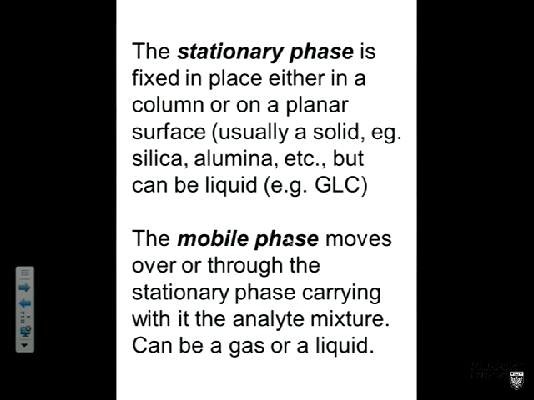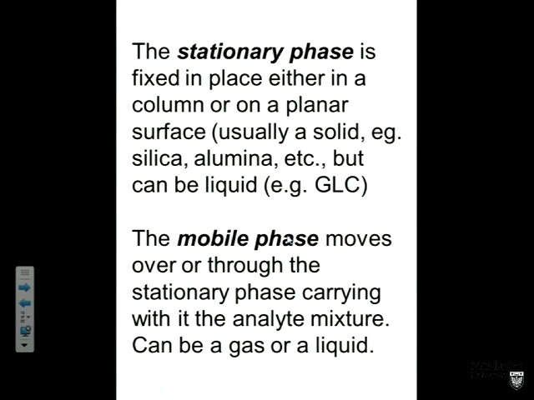Usually it's a solid, and common solids include silica gel that you're going to use in the lab. It's the commonest stationary phase for organic chemistry. Alumina, aluminium oxide, is less common. But there are a whole range of stationary phases for biological chromatography. There are ion exchange resins, size exclusion gels, a whole range of stationary phases, but they're all the same.